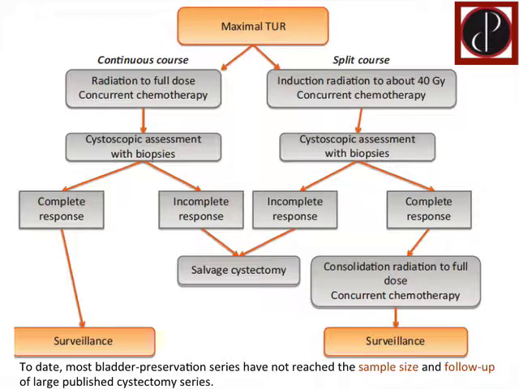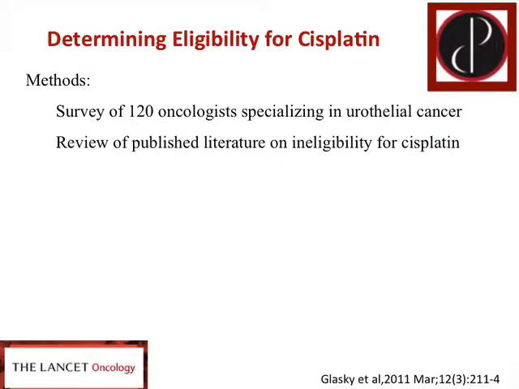So trimodal therapy is not doing cystectomy, it is actually having cystectomy for the patients who don't respond to this trimodal therapy. But the problem with these trials is a low sample size, and a shorter period of follow-up as opposed to other data that we have for cystectomy.